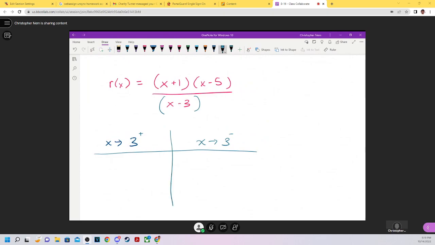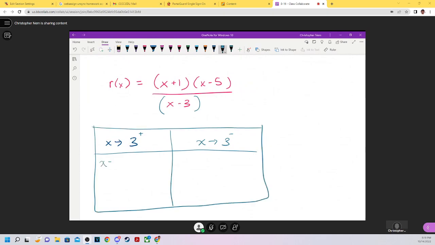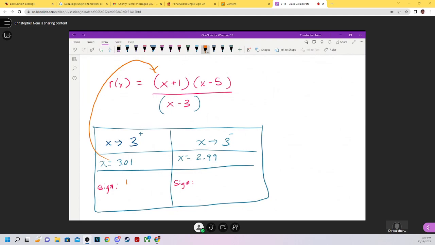This is our table that we're going to draw. Now, we're going to let x equal, let's say 3.01. We're going to let x equal 2.99. Okay? Let's plug that in. So we have to check our sign. Well, if I plug in 3.01 to the first factor, that's going to be positive.